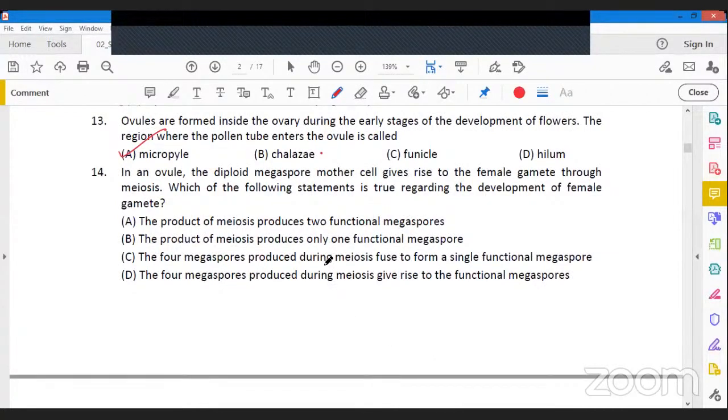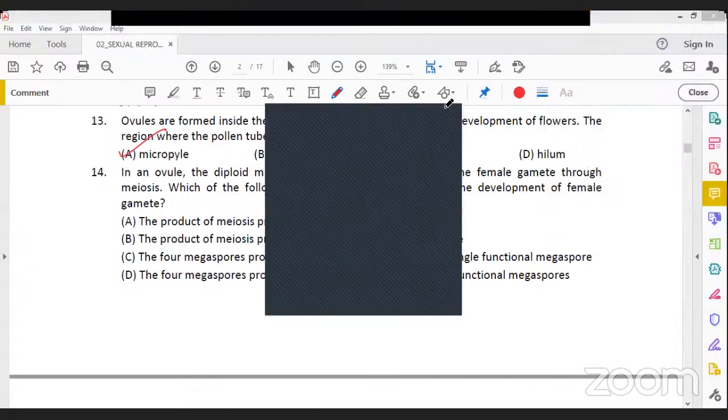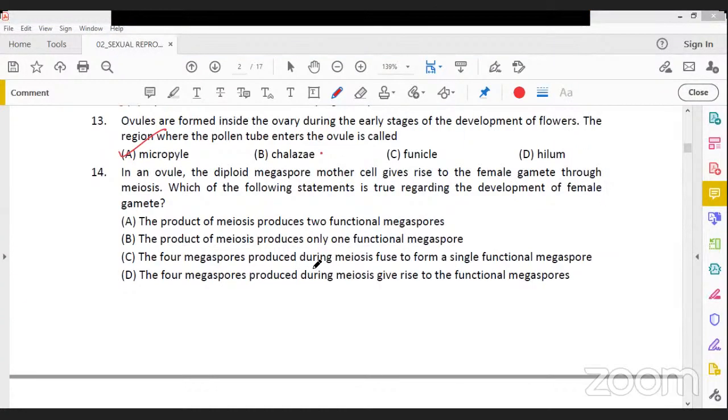In an ovule, the diploid megaspore mother cell gives rise to the female gametophyte through meiosis. Which statement is true regarding the development of the female gamete? The product of meiosis produces two functional megaspores. Wrong, out of four, only one will remain. The product of meiosis produces only one functional megaspore.